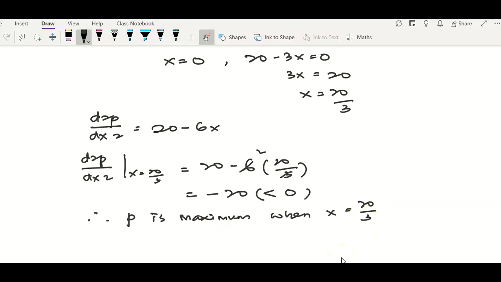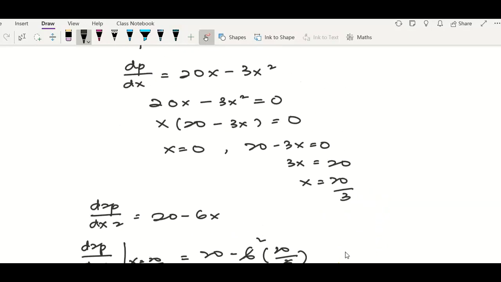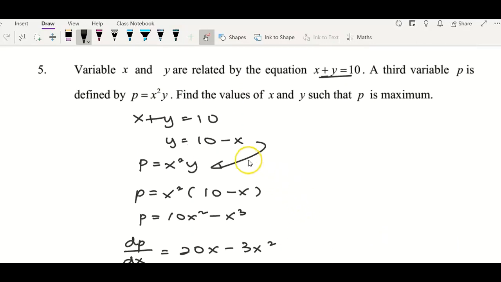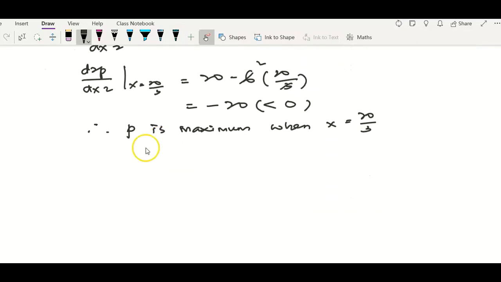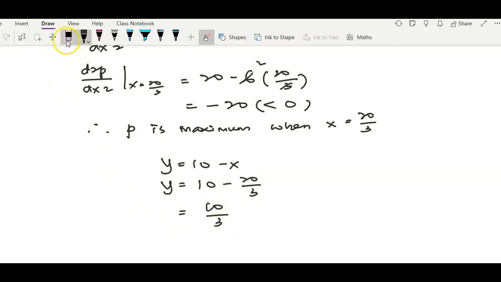Then now you need to get the corresponding value of y. So y equals 10 minus x. That means the value of y will be 10 minus 20 over 3, which is 30 minus 20 over 3, so 10 over 3.